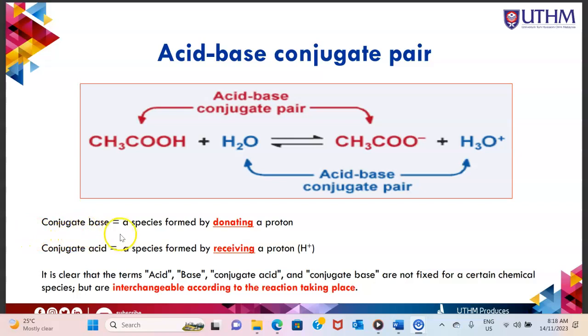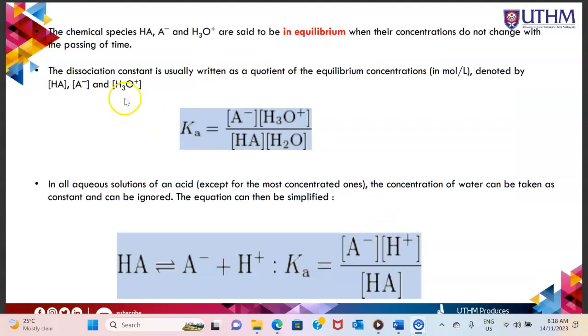So a conjugate base is a species formed by donating a proton, and a conjugate acid is a species formed by receiving a proton. So it is clear that the terms acid and base, conjugate acid and conjugate base are not fixed for certain chemical species, but are interchangeable according to the reaction that takes place.